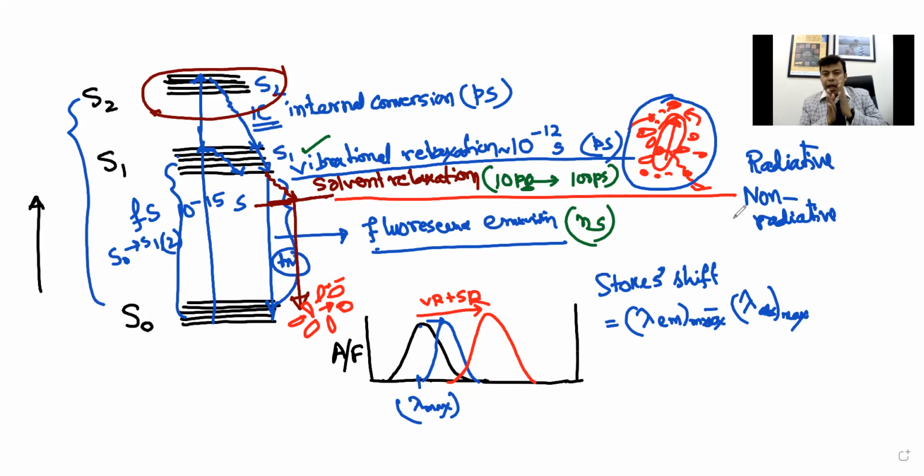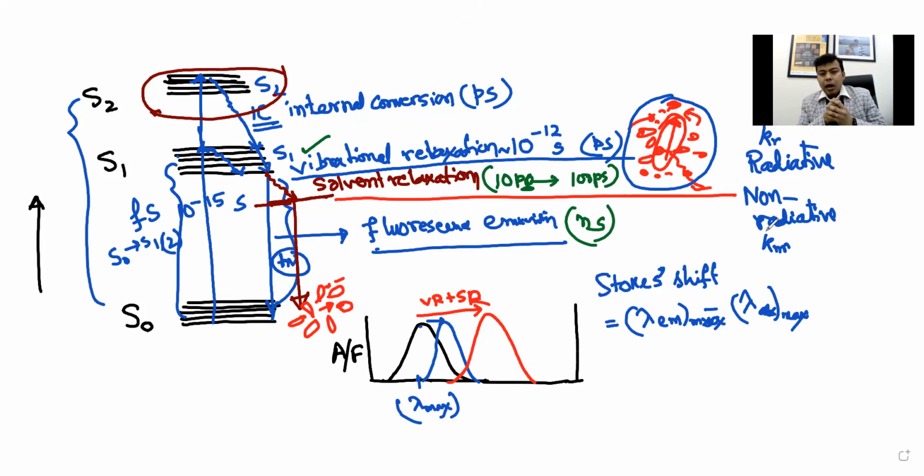You can have radiative decay and non-radiative decay, depending on the rate constant of radiative decay, which is, let's say, Kr, and non-radiative, which is Knr. This interplay of Kr and Knr will give you the net quantum yield.